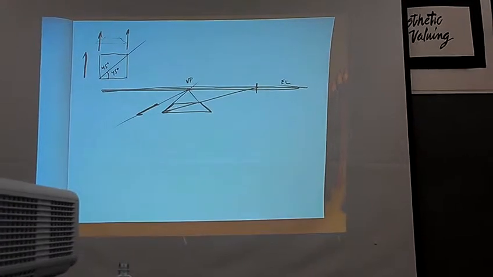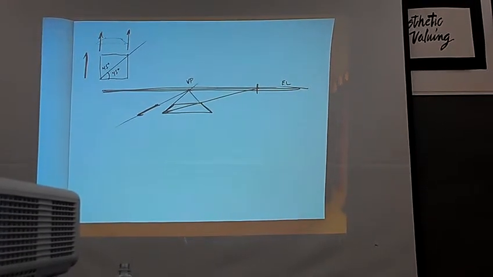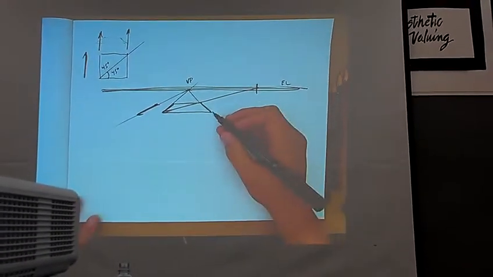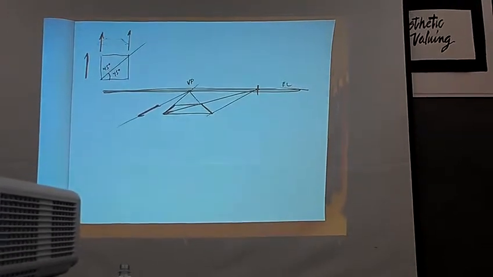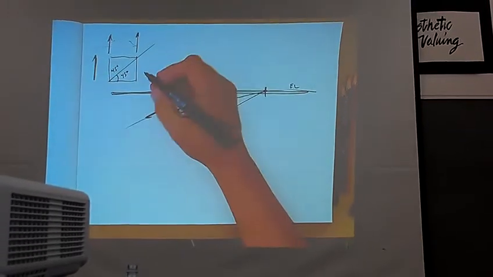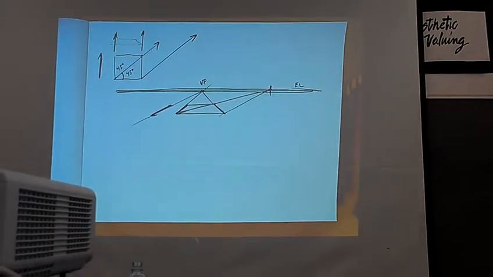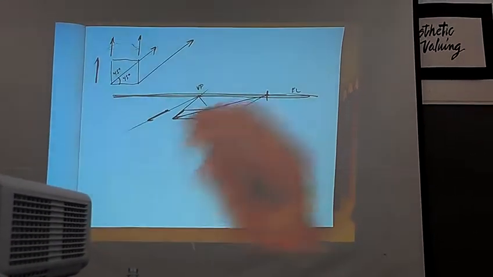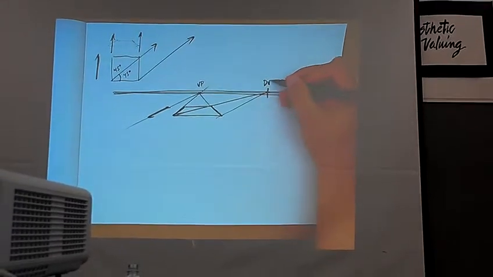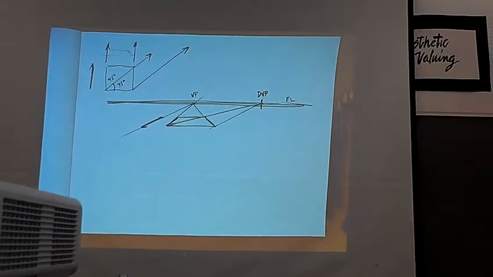You see what I mean? Because it's at the same angle. Now what if I did this? See what I mean? So this, I'm going to call a diagonal vanishing point.